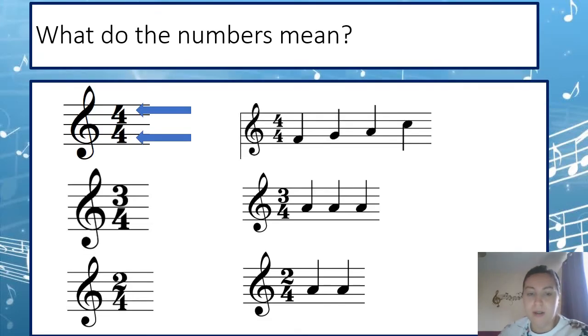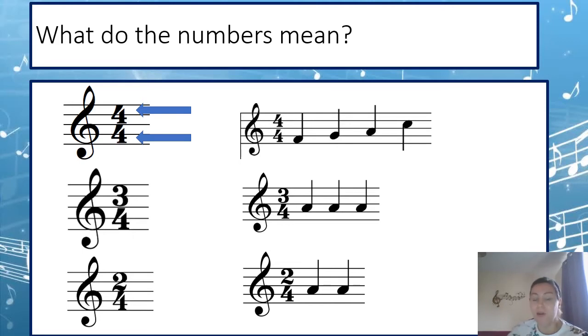Now I'm briefly going to talk about what these numbers mean. You'll see that there's an arrow to the top number of the time signature 4/4. What the top number means is how many beats are going to be in your bar. So with 4/4, we've got 4 beats, 3/4, we've got 3 beats, and 2/4, we have 2 beats.